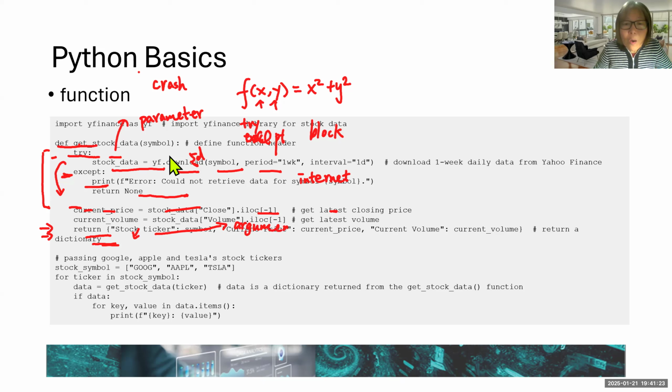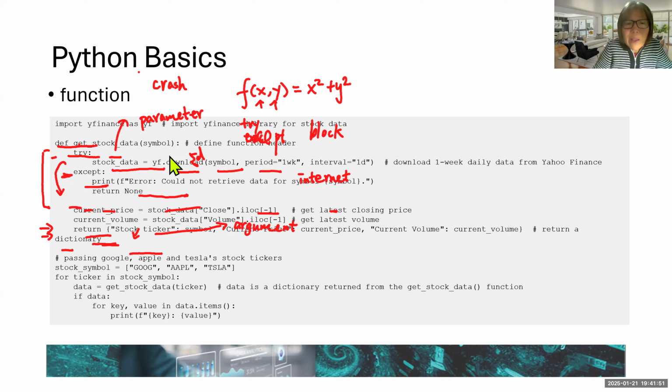Whenever you call a function, the variable you plug in is called an argument. So you plug in Google, and if everything runs smoothly, you will get Google's data. Because it's a dictionary, you can get its keys and values, so you can print them out.